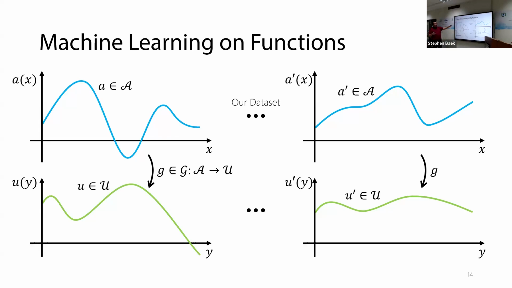So in 1D, now it's a curve to curve mapping. And then the operator that we're interested in learning, the operator G, is basically the conversion rule from one curve to a different curve.